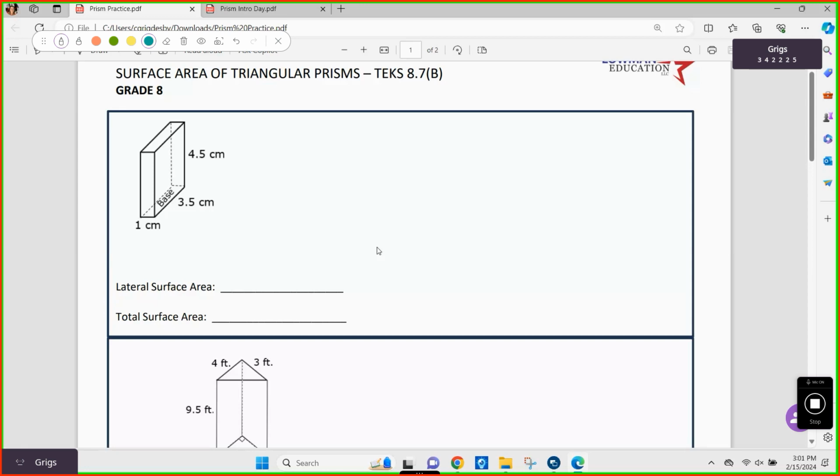Alright, so now let's get this started. 18. Got 40 seconds? Keep it going, Fernando. Done.